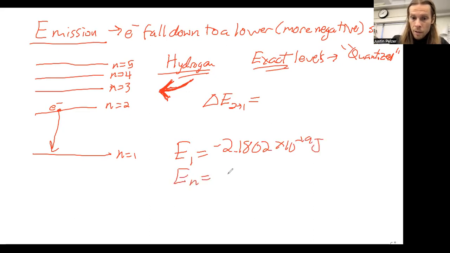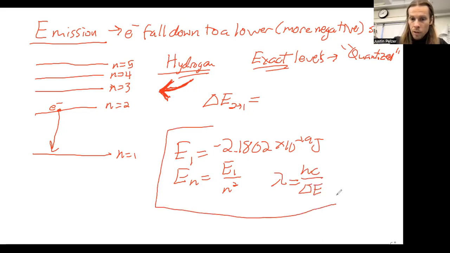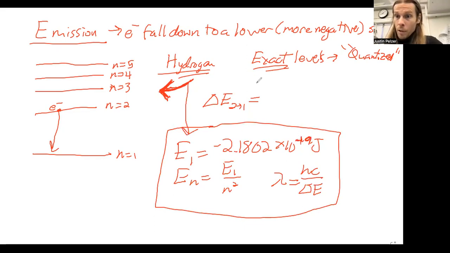The nth state is that number, which I'll just write as E1 over n squared. And lambda is going to be hc over delta E, where delta E is given by the difference between any two states. So these are the equations we're going to use for hydrogen. I'll give you the values for other ones, but I'll show you where they come from.